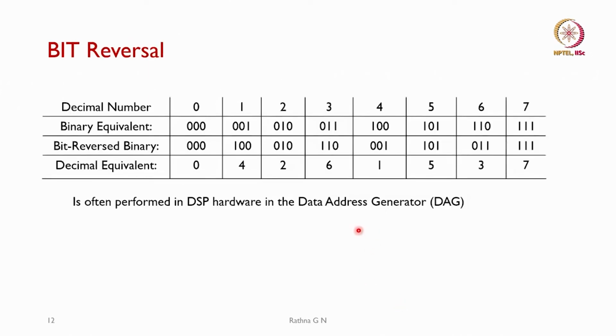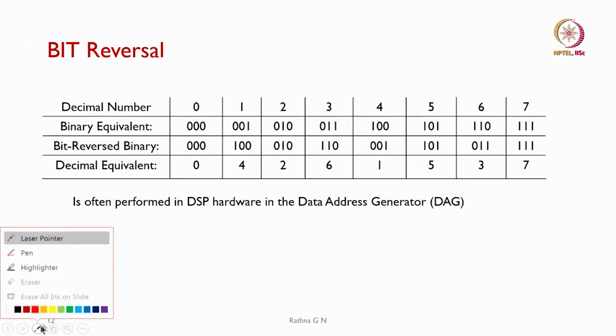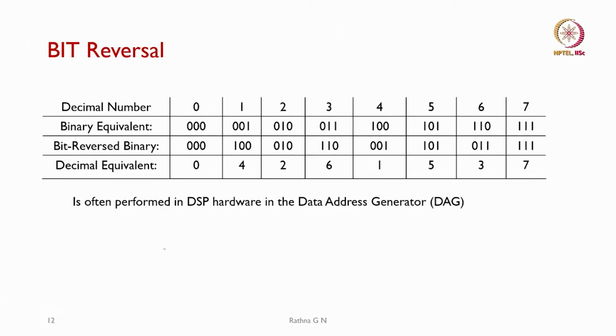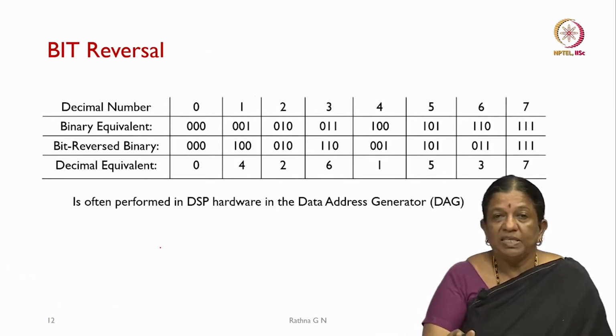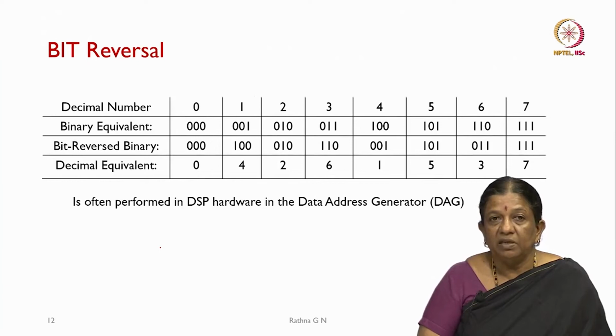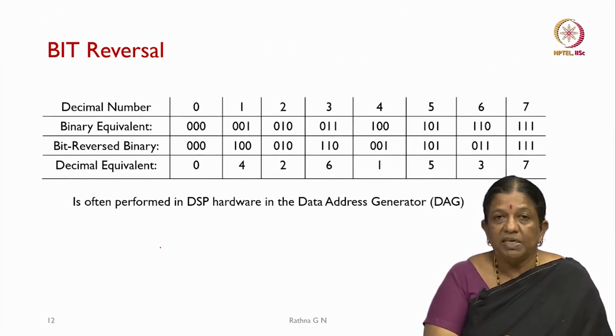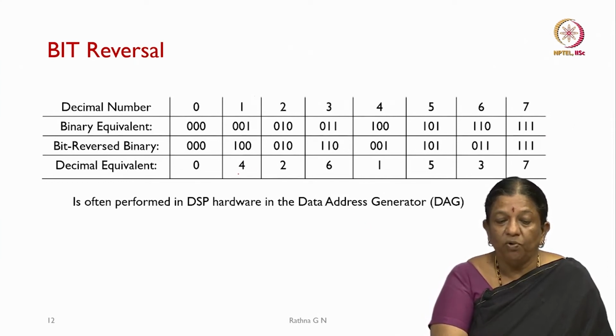As you will be seeing in the equation here, decimal numbers 0 to 7 when N is equal to 8 have binary equivalents 000 to 111, but the input in the order we want is 0, next is 4 which is equal to 100, and then 010, and the next is 110 which is equivalent to 6, and so on.